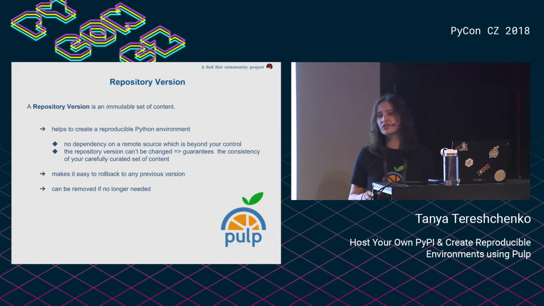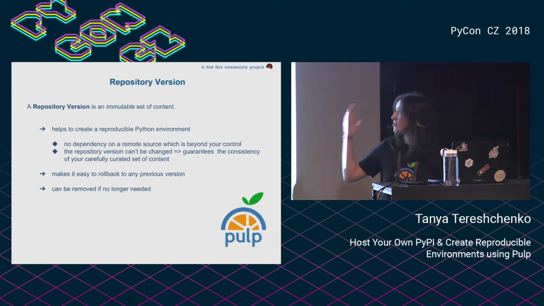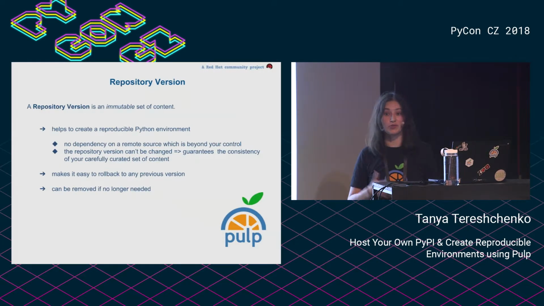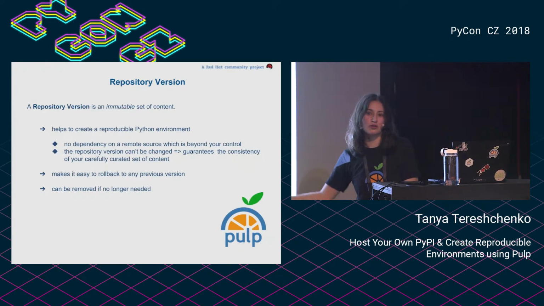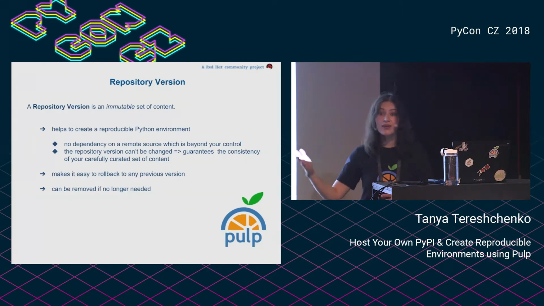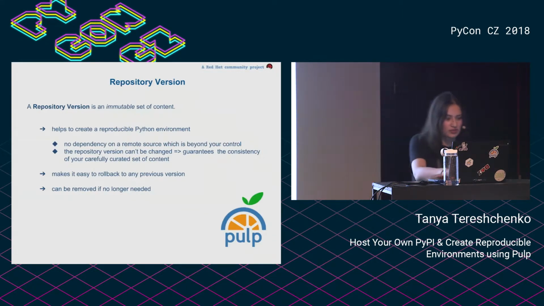It can't be changed. So your carefully curated set of content will be there, and it won't be changed by accident or by mistake. Having repository versions makes it easy to roll back to any version you want. And yeah, of course, if it's outdated, it's no longer needed, or you added something wrong there, you can always remove it.